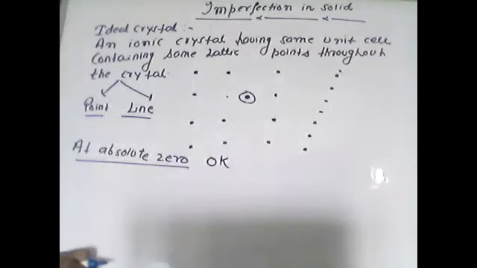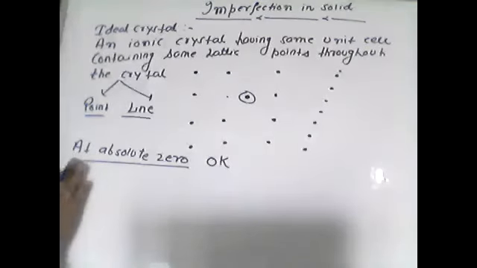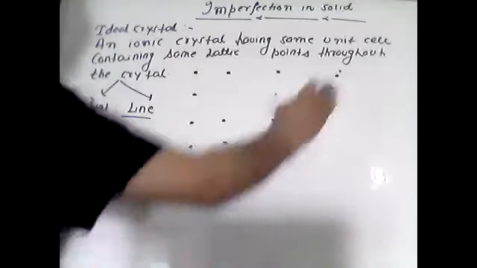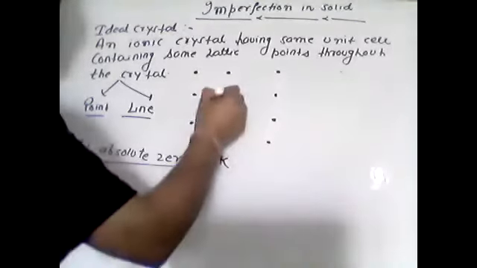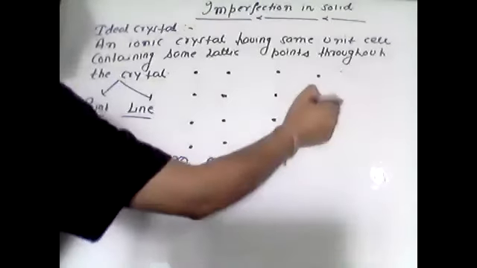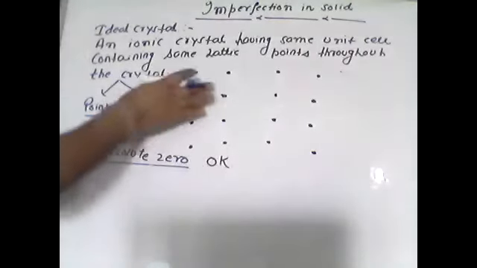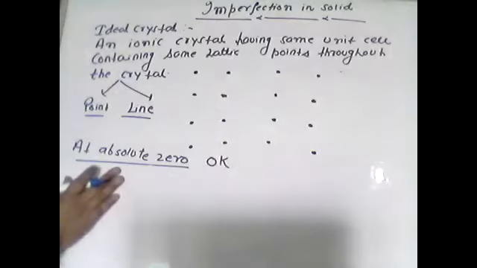At absolute zero, all ionic crystals show a well-ordered arrangement of ions. The scientists mean to say that at absolute zero, all ionic crystals will have no defect and will show up as ideal. This condition holds at absolute zero.